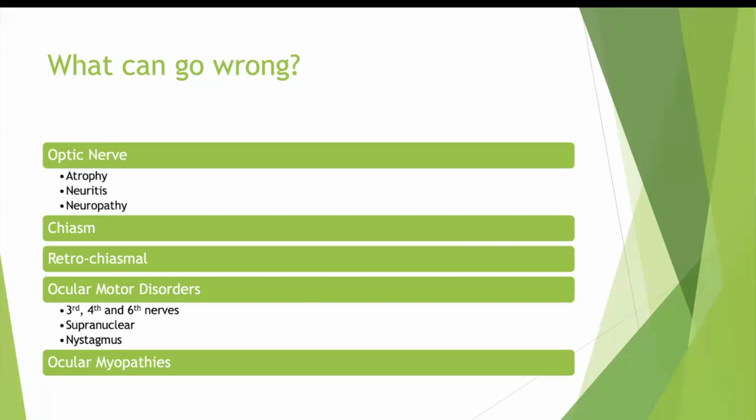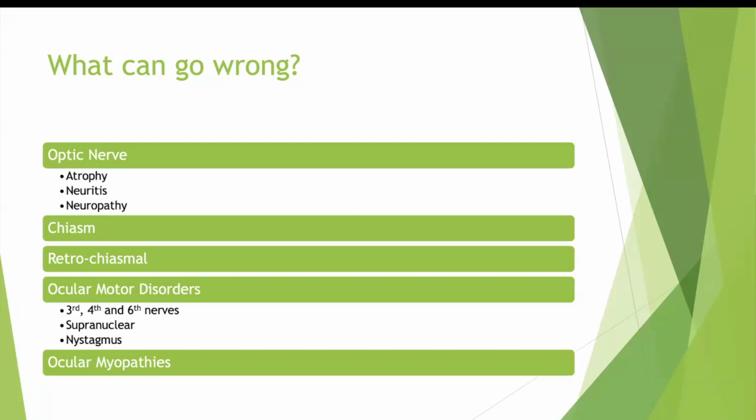And over time, we'll touch on the different pathologies that you can come across in neuro-ophthalmology. But some of these things also have a lot of overlap. So one problem may present with both motor disorders and issues with the optic nerve.